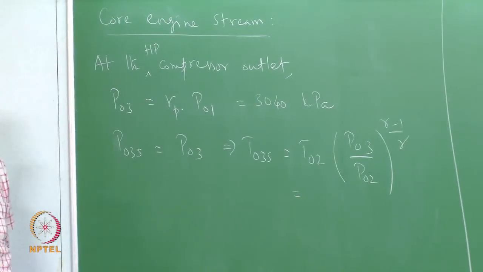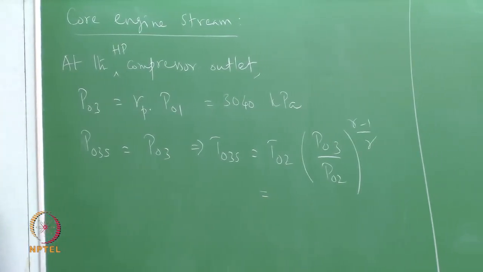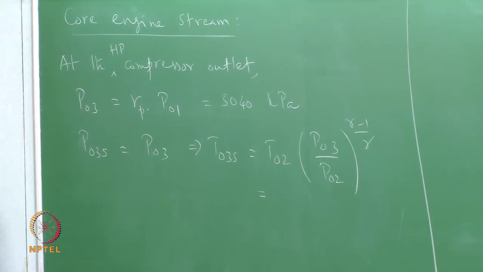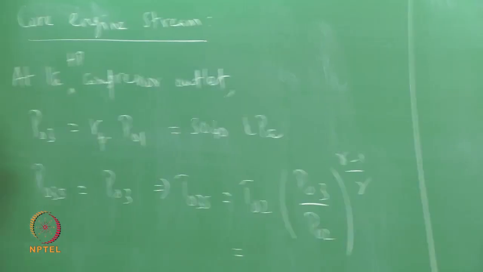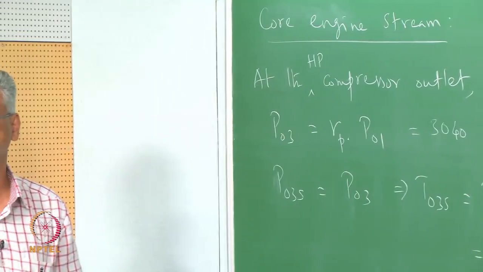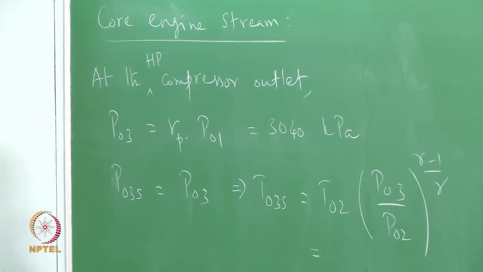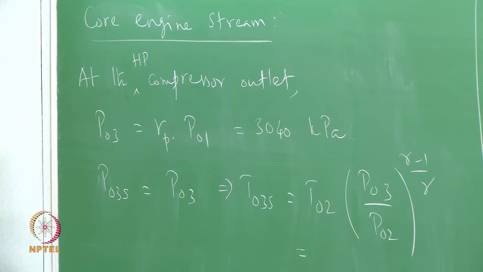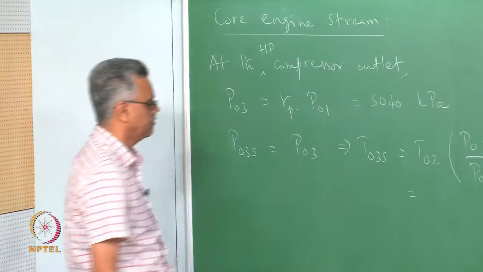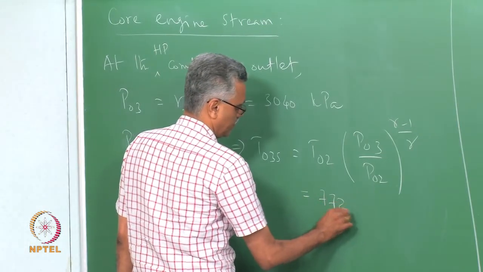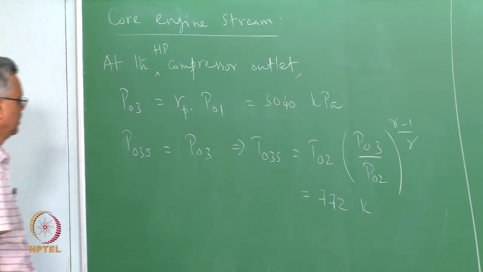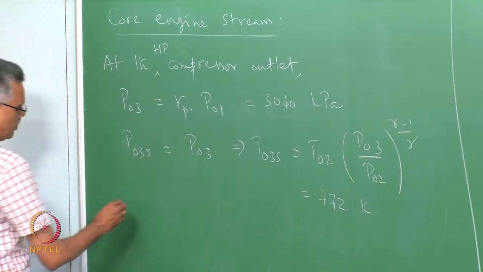So, if you substitute the numbers, what do you get for T03S? 772 Kelvin.